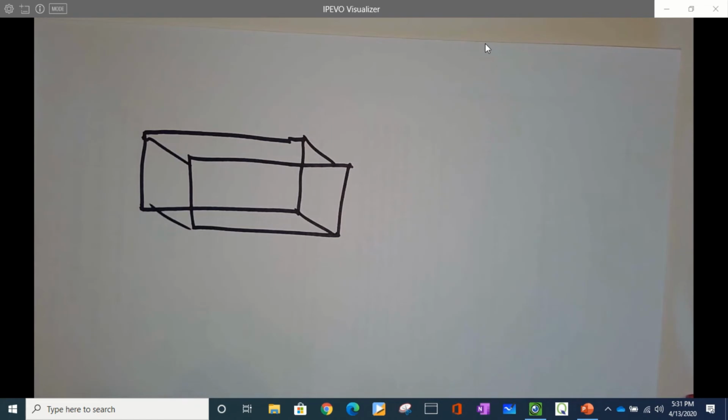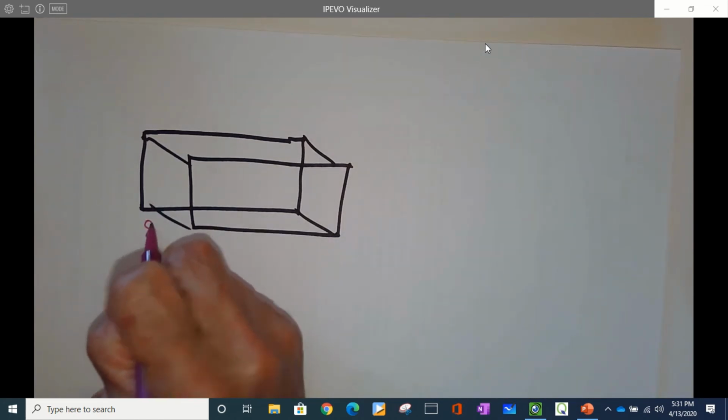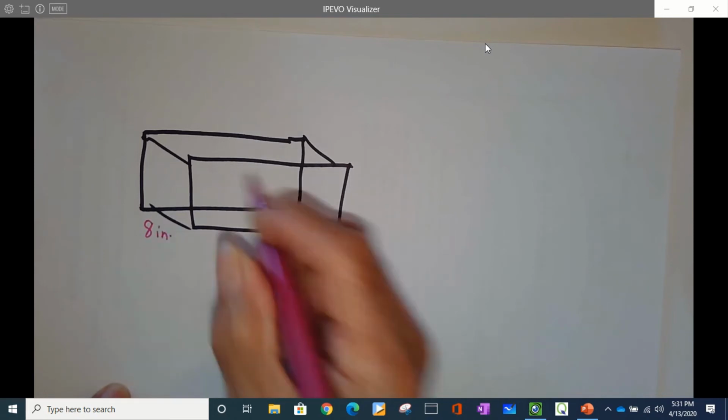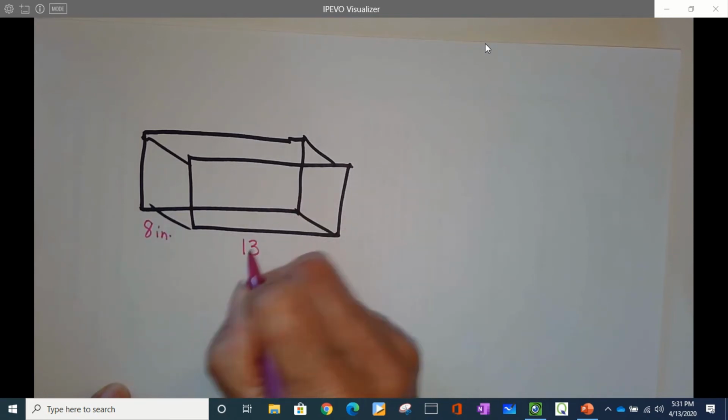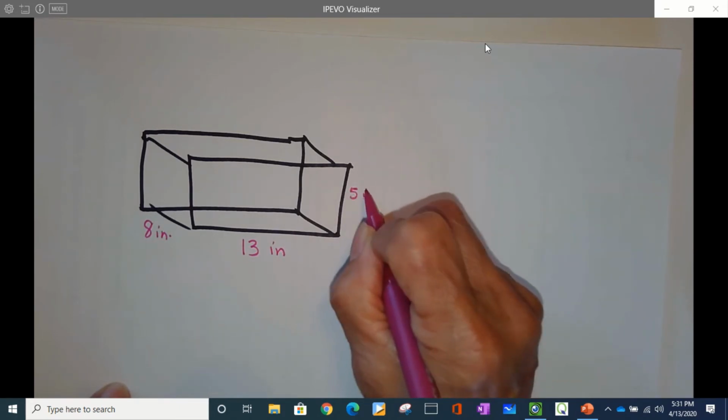I'm going to make this 8 inches. And this is going to be 13 inches. And this is going to be 5 inches.